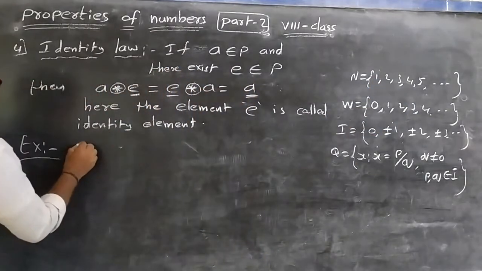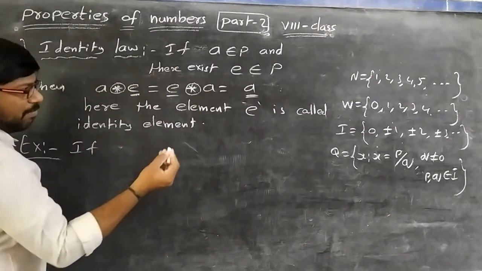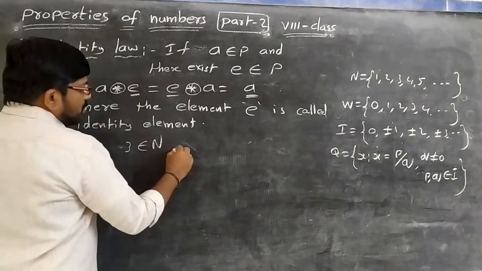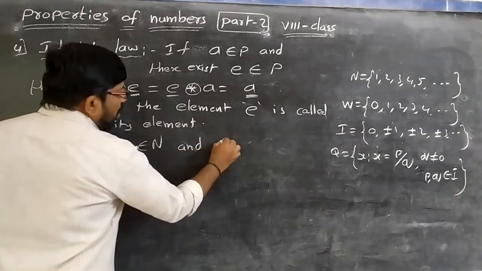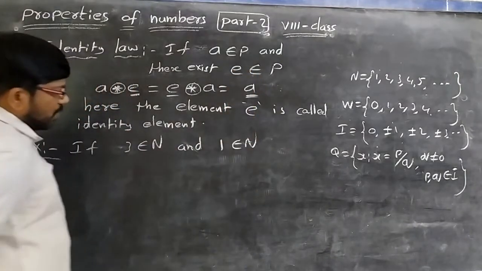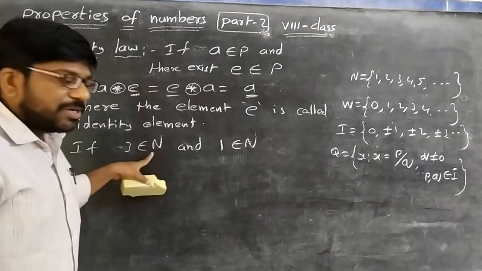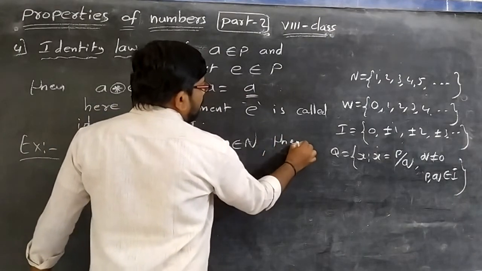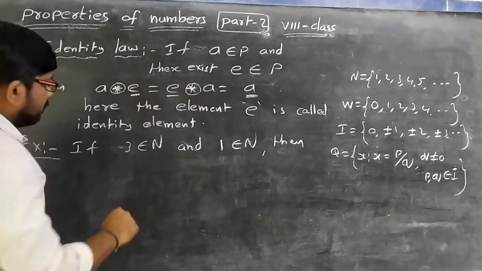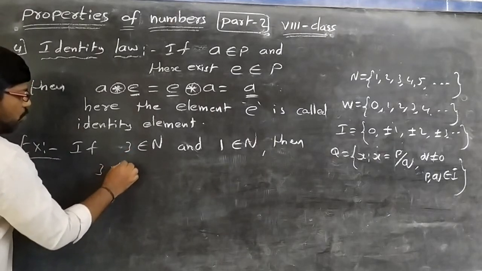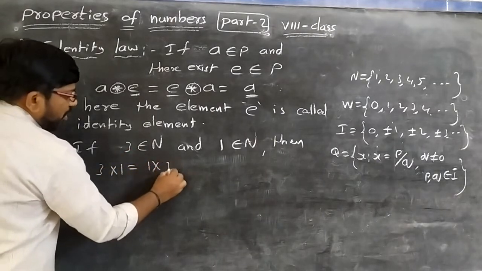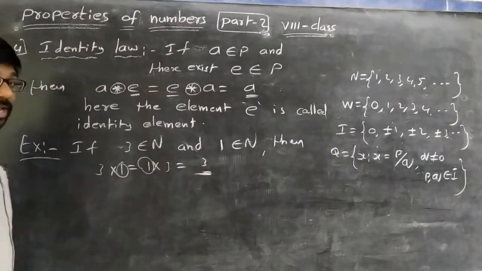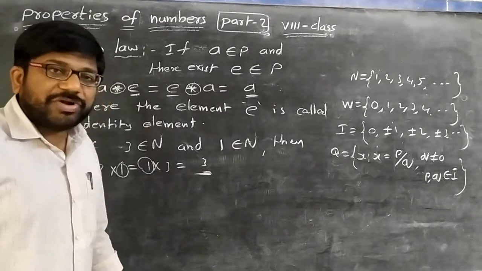See, if we take any natural number, 3 belongs to N and 1 also belongs to N. 3 is a natural number and 1 is also a natural number. Then, yes, in multiplication, 3 into 1 is equal to 1 into 3 is equal to 3 only. Here 1 is the identity element in multiplication, right?